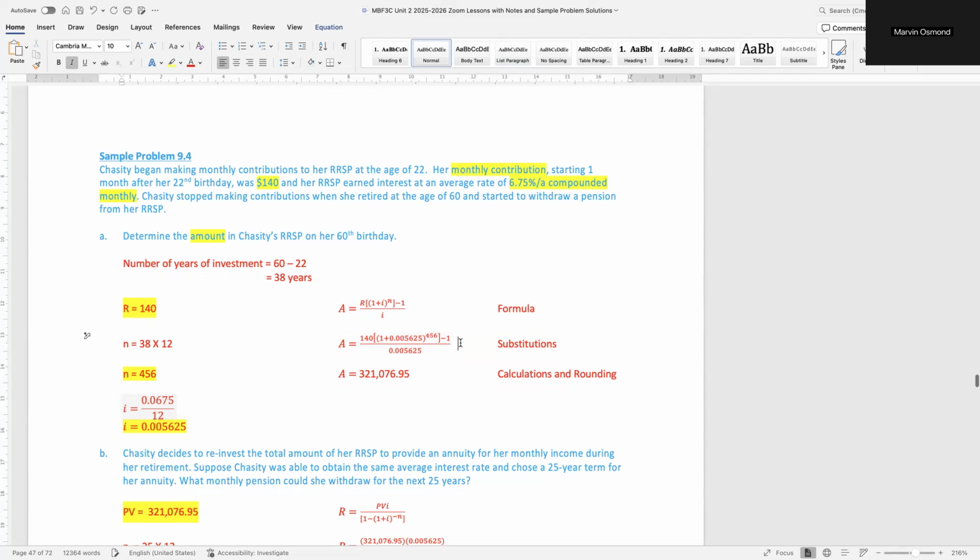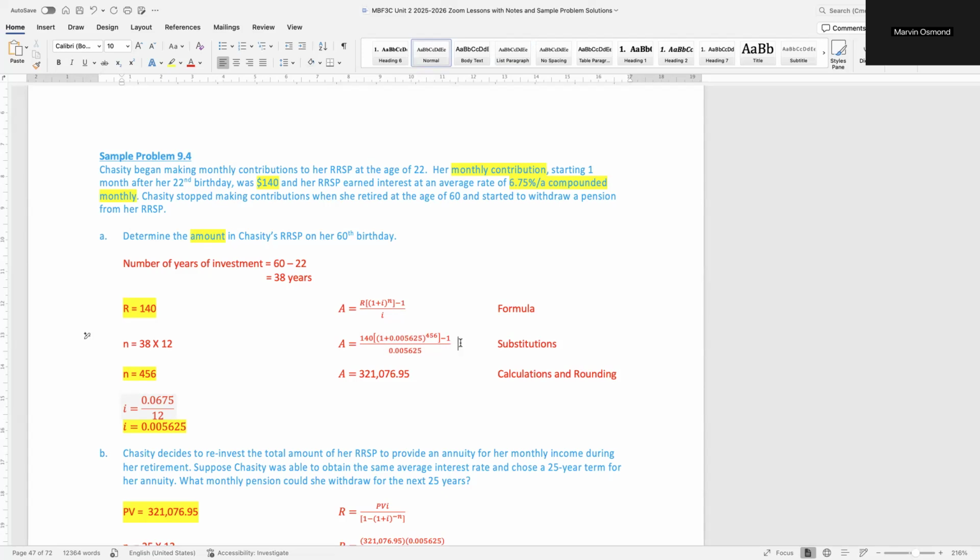So let's do that on the calculator. We could probably do this one a little bit differently. I'm going to do what's inside the bracket first, so what's inside the bracket at the top first. 1.005625 to the power of 456 payments.